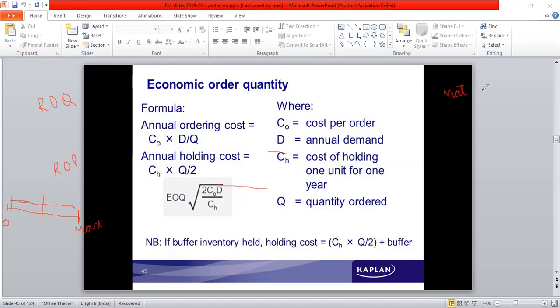So the quantity of material has to be purchased, and the purchase cost has to be taken into consideration. After that, to place an order, they have to incur ordering costs.